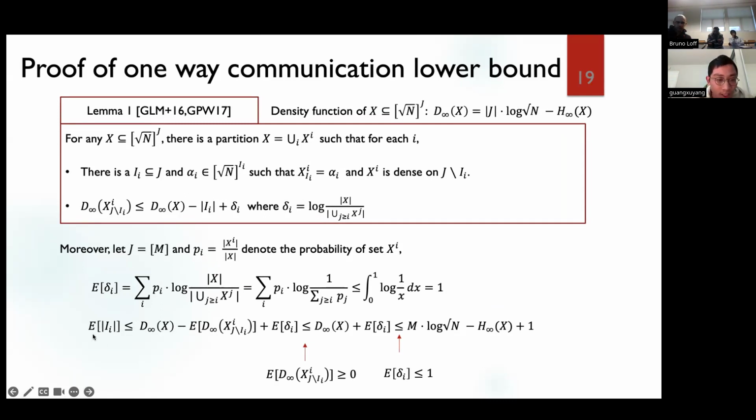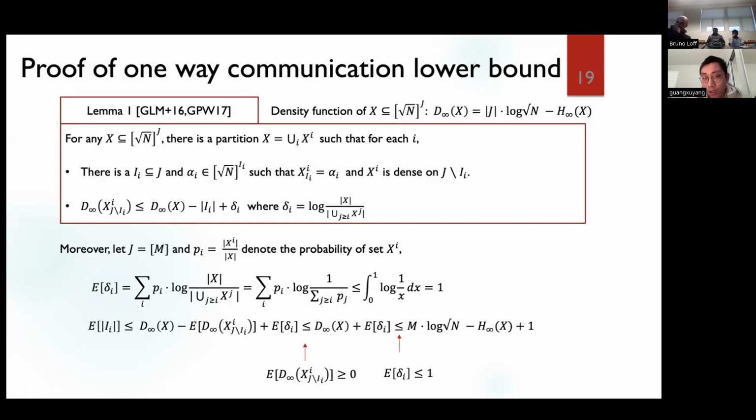So for each xi you fixed some coordinates, and the expected size of the fixed part is upper bounded by the min entropy loss of x. This is just by simple calculation, since this part is larger than 1, and this part is bounded by 1. So we have this kind of form.